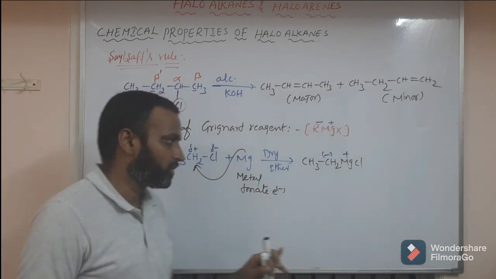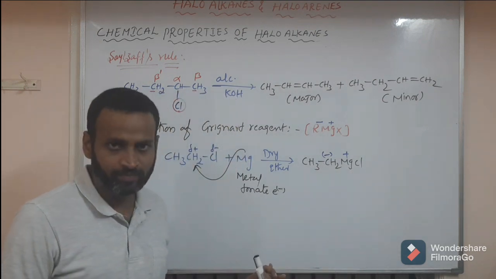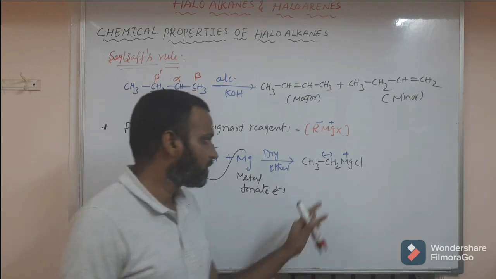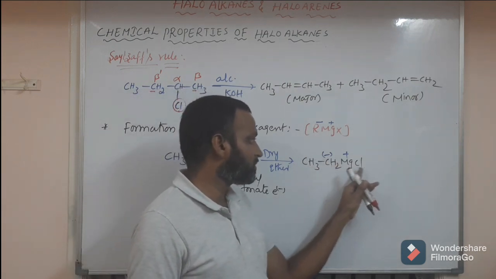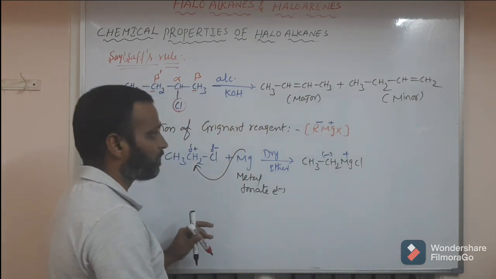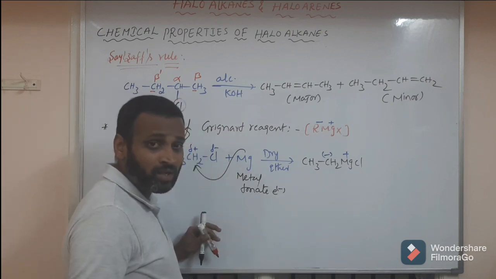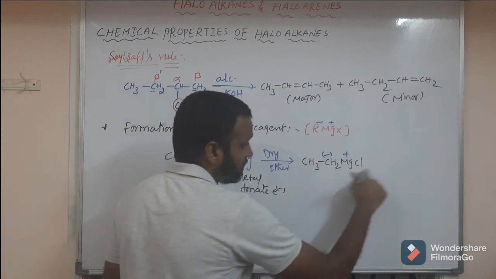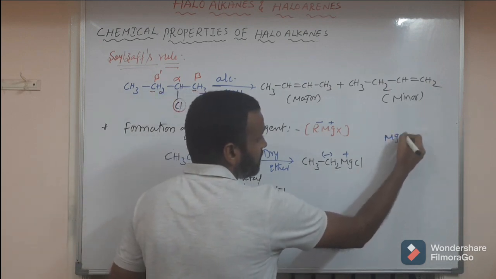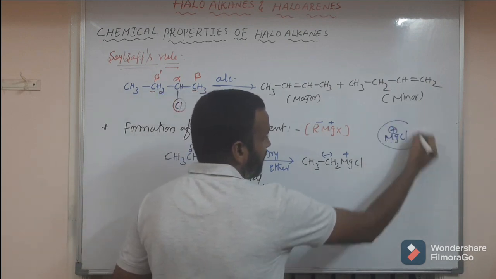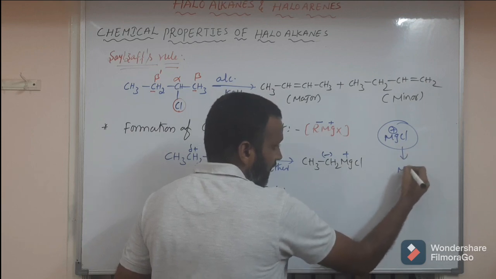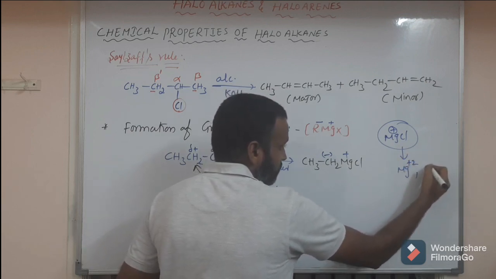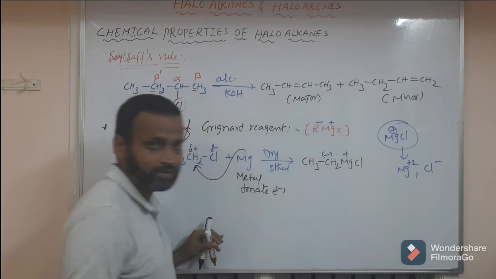Got it? So this is the most important thing. Hope you understood: CH3CH2 minus and MgCl plus. Why Mg plus? Sir, you said Mg plus 2. No sir, now you have written Mg plus. MgCl plus means it can again dissociate as Mg plus 2 and Cl minus.